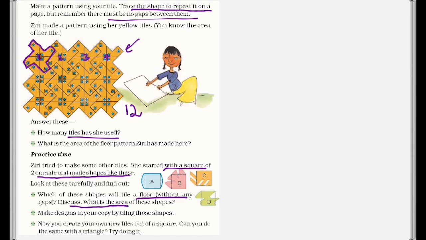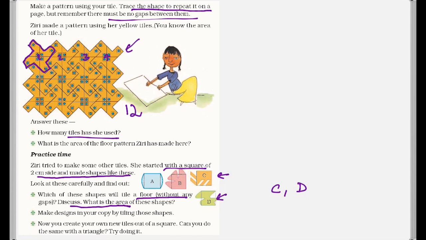You need to discuss the area of these shapes also. Clearly, shape C and shape D only will be able to fill the floor without any gaps.